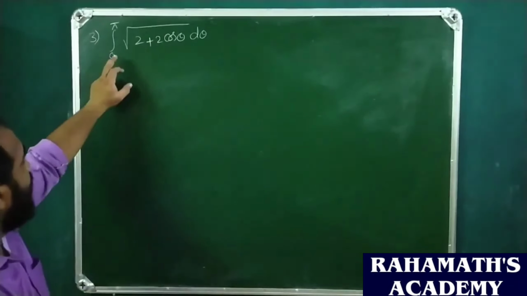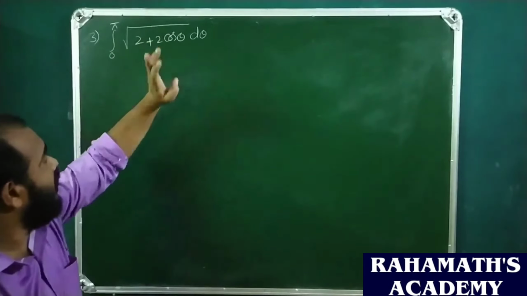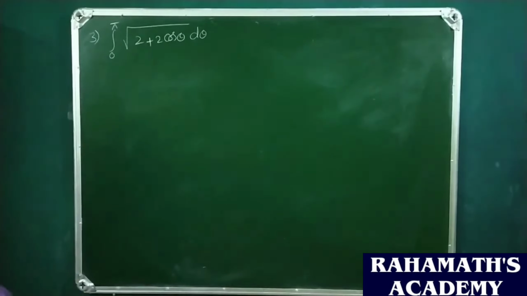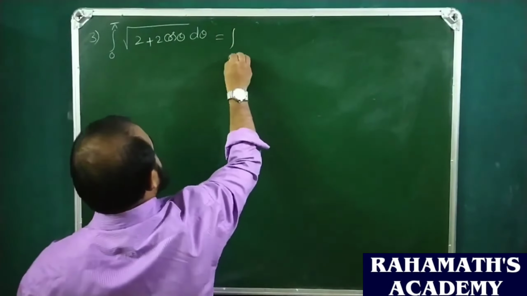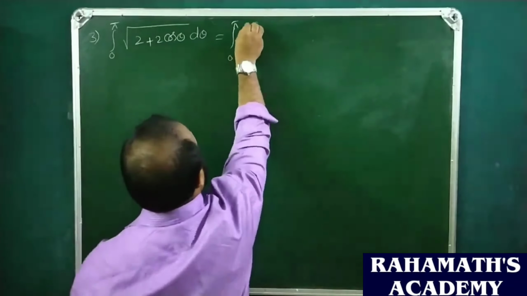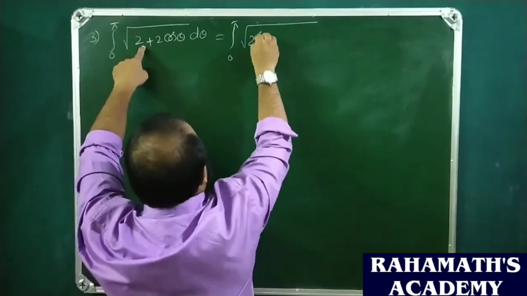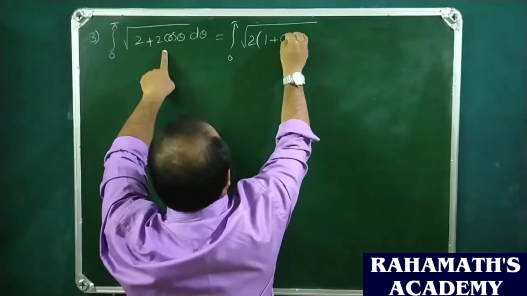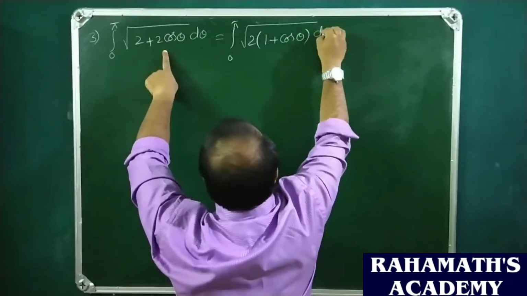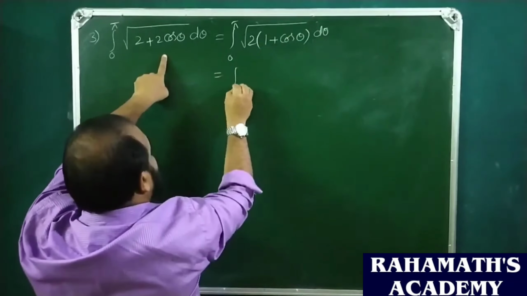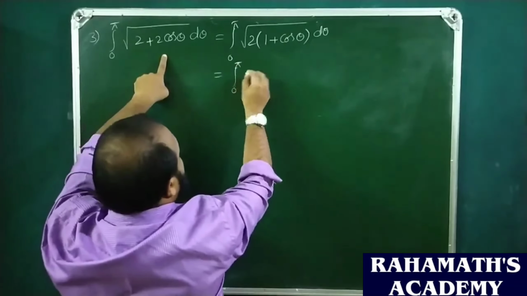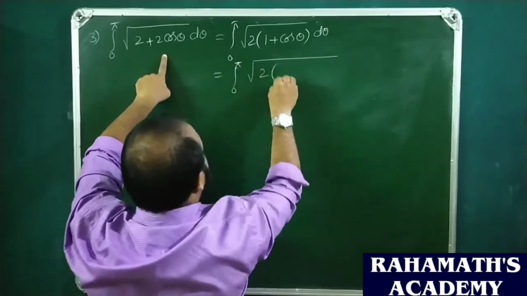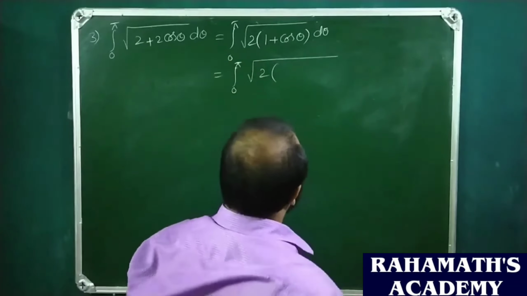Now, the third question: integral from 0 to pi of root of 2 plus cos theta d theta. This is equal to integral 0 to pi of square root of, taking 2 as a common factor, 2 into 1 plus cos theta d theta.